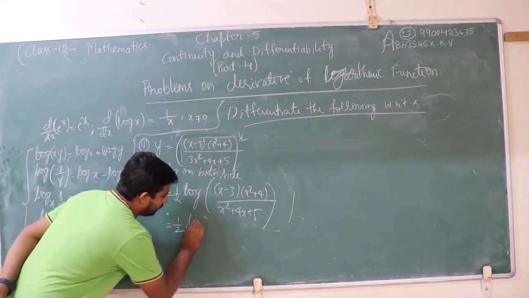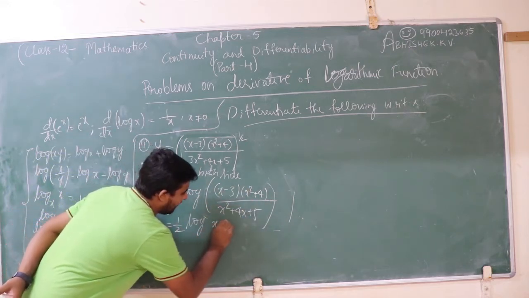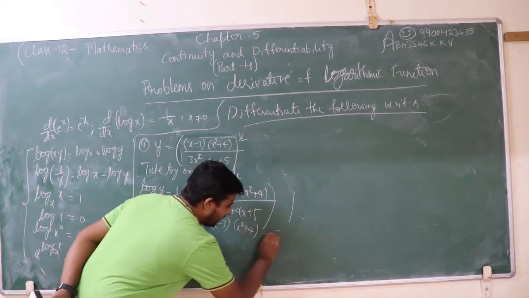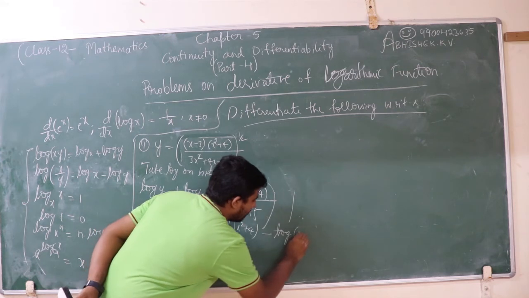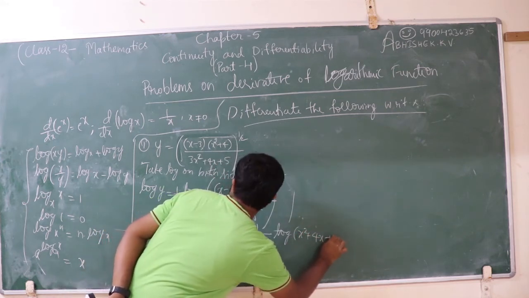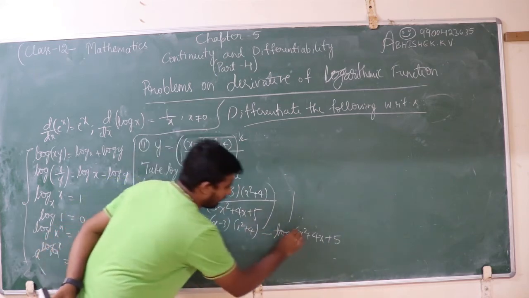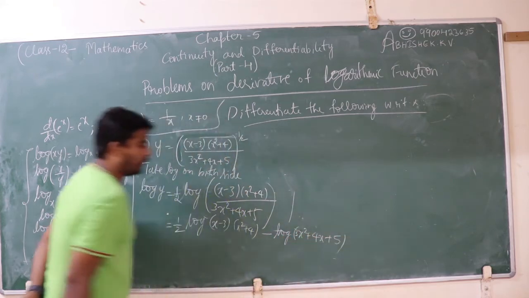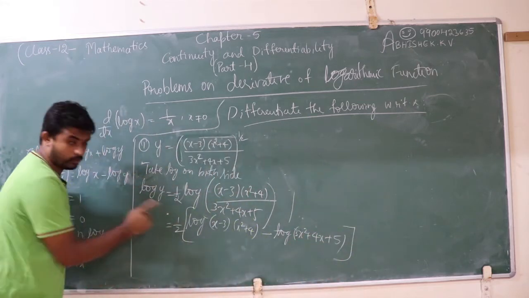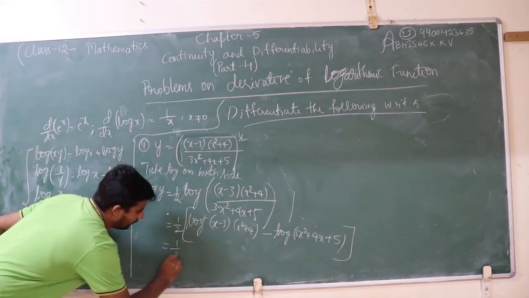Therefore 1 by 2 into log of x minus 3 into x square plus 4 minus log of 3x square plus 4x plus 5, with the multiplication of 1 by 2. This is equal to 1 by 2.